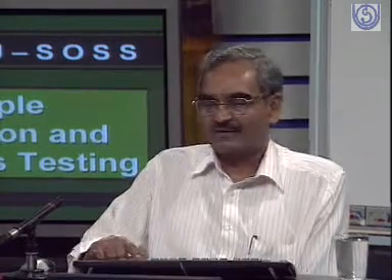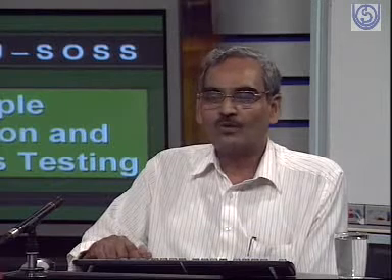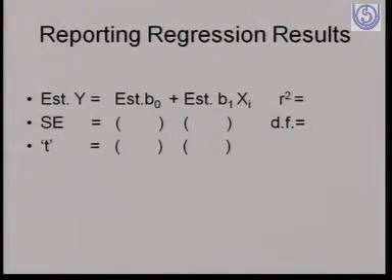With these remarks, we move on to reporting of regression results. How do we usually present the regression results? We have the estimated values of y equals estimate of b0 plus estimate of b1 xi.